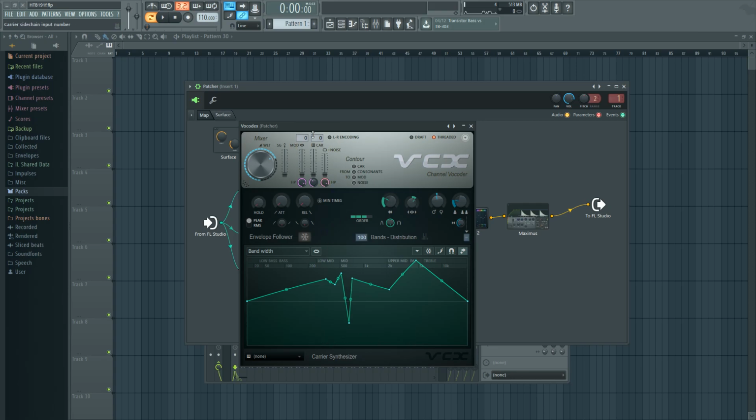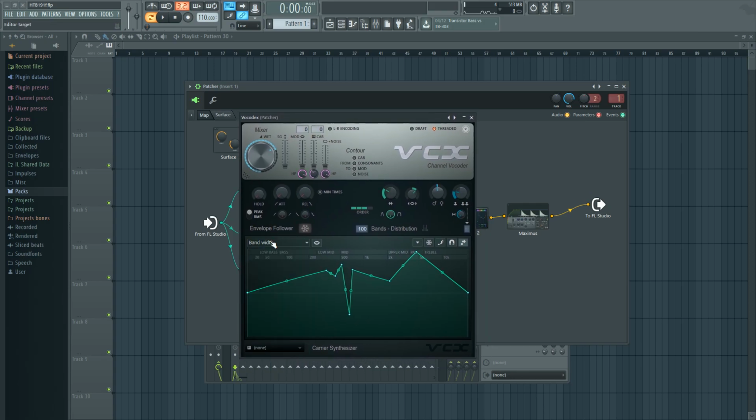Much like Harmor, Vocodex has most of its menus about these individual parameters, but instead of them being global, they are a per-band affair.